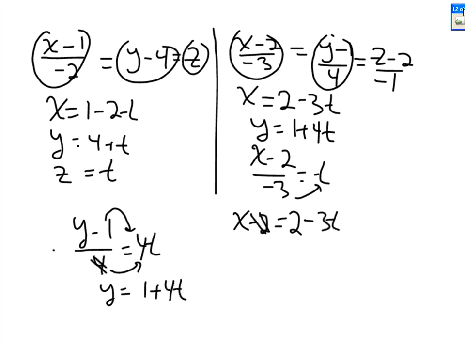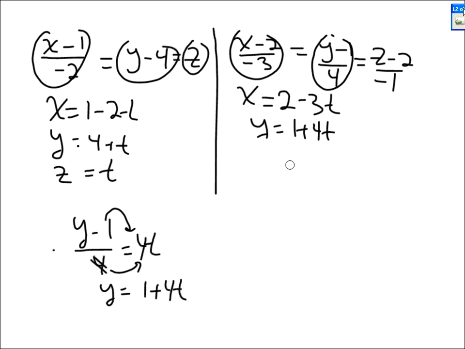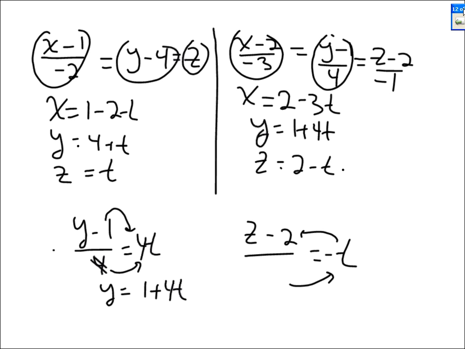Now let's solve for z. We know that z minus 2 over negative 1 is t. You multiply, you get negative t equals z minus 2. Bring the 2 to the other side. You get z equals 2 minus t.